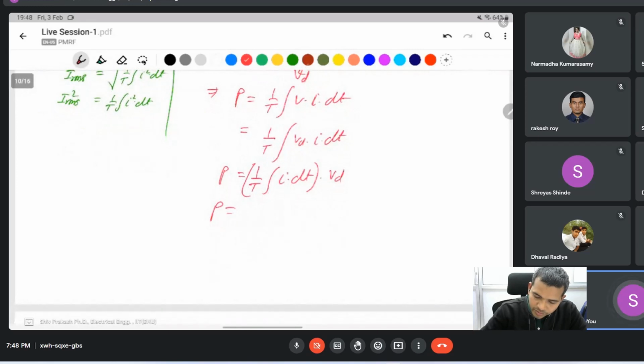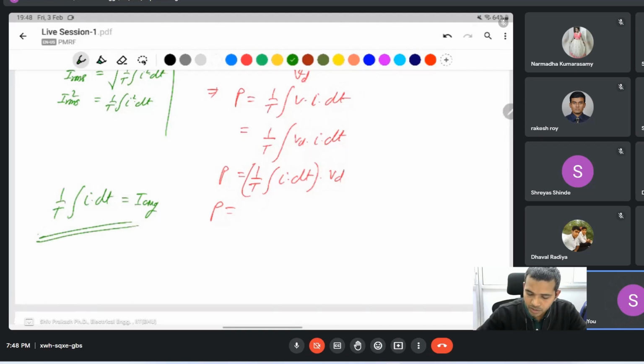With this value, 1 by t integration of any quantity, the area under the curve, is the average value. It is not RMS, this is an average value. Then you can say I average into VD is the power loss.